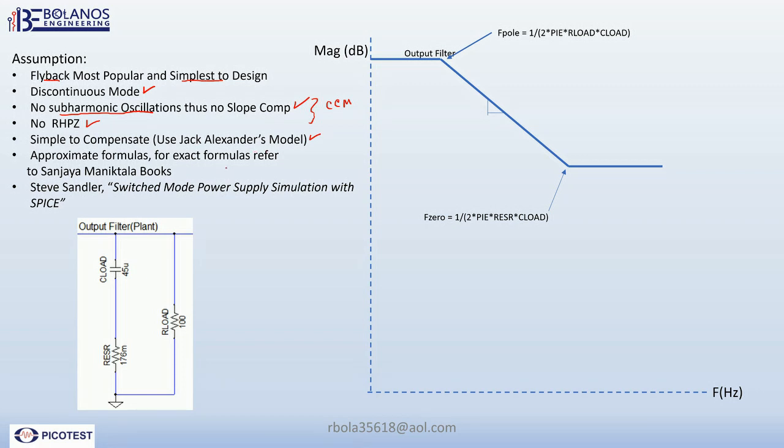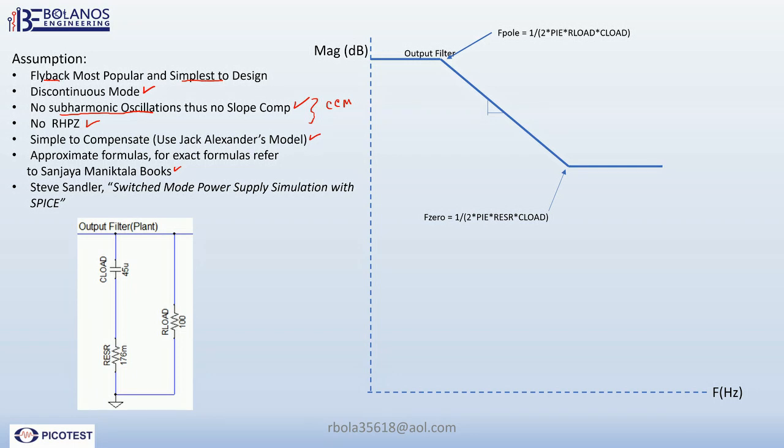I will be using approximate formulas, but if you would like to use the exact formulas, I would refer you to the Sanjaya Maniktala book, which is a very good book. Another book that I would recommend is the Steve Sandler Switch Mode Power Supply Simulation with Spice, which is another good book.